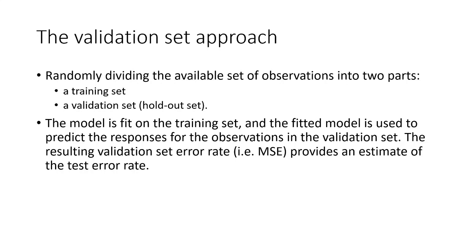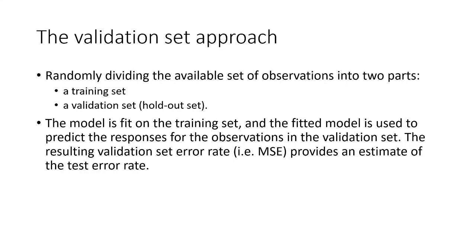So in the validation set approach, this might seem familiar because we have done this before in the previous lectures. What we do is we randomly divide the available set of observations into two parts, the first part is the training data set, and the second one is the validation data set. We call this validation data set the holdout set.